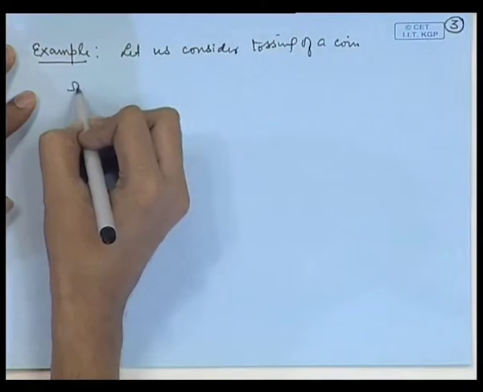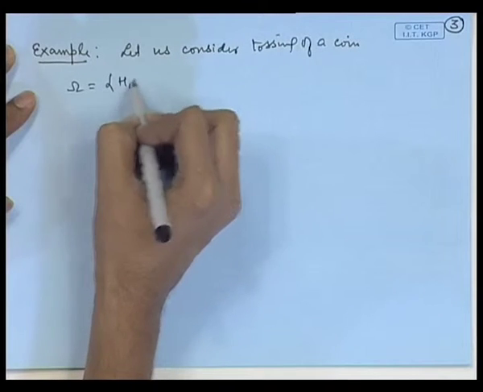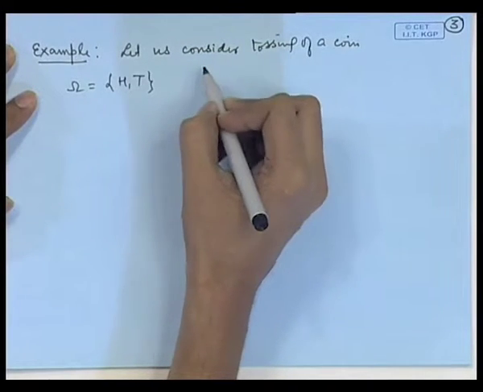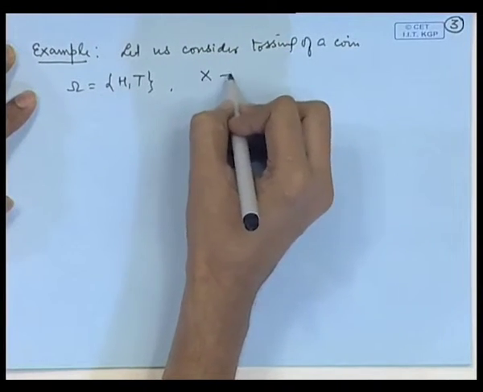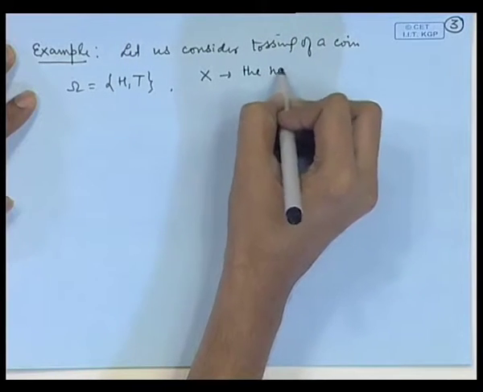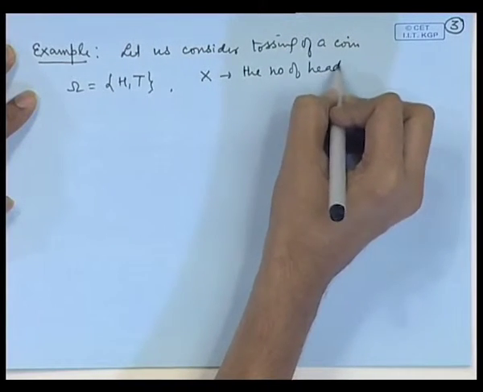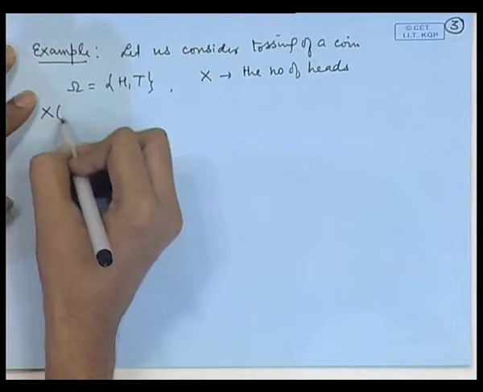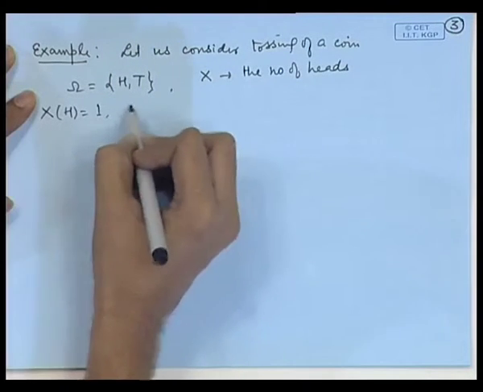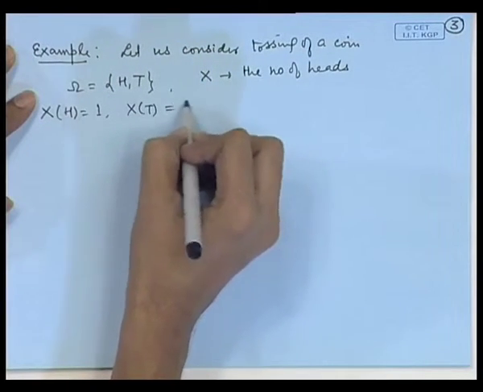The sample space is here H, T. We define the random variable X as the number of heads. So, naturally here X(H) is equal to 1 and X(T) is equal to 0.